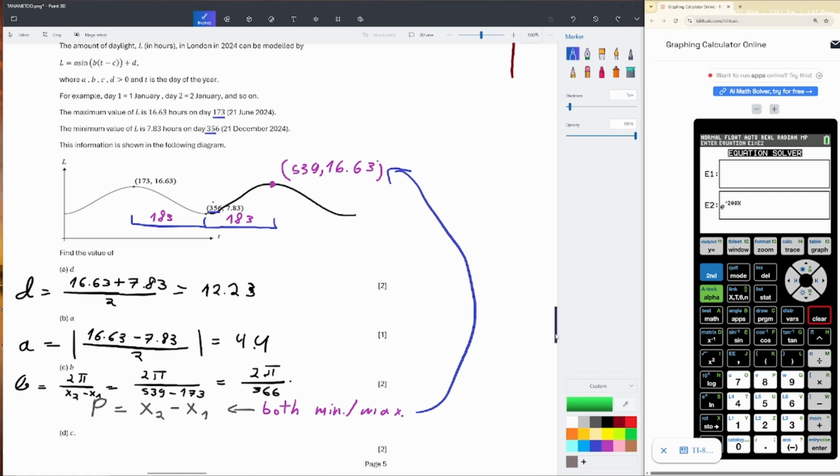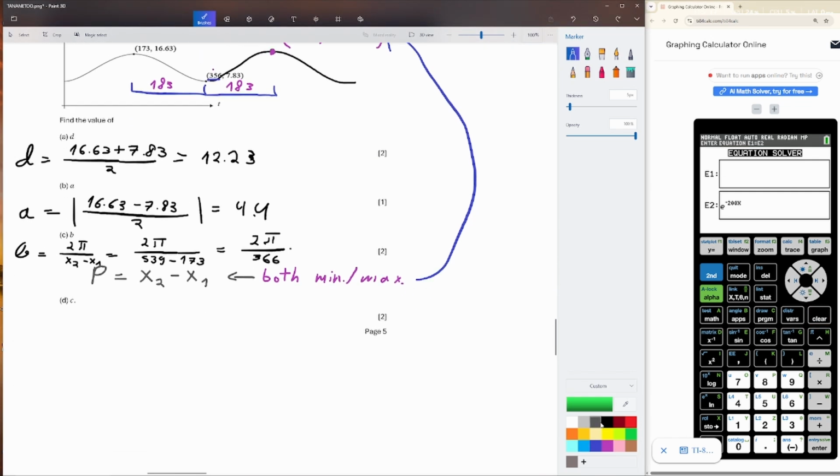Let's use a random coordinate. Let's use the maximum. So you know that your D is 12.23, and now you know that your A is 4.4, your B is 2π over 366, and let's use a coordinate. Let's call the maximum coordinate P, and it will be 173 and also 16.63.